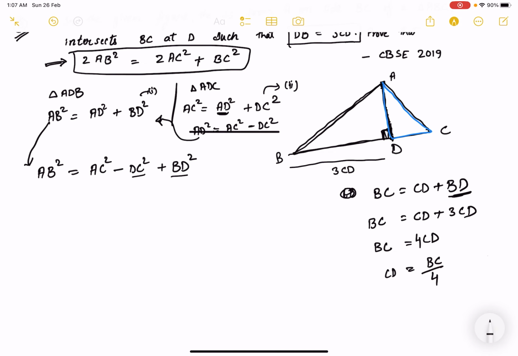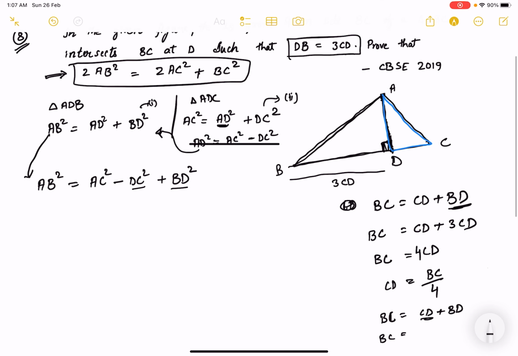Similarly, we will have BD. BC is equal to CD plus BD. So this time let's eliminate CD. We'll write BC is equal to, CD we substitute as BD by 3, so BD by 3 plus BD.